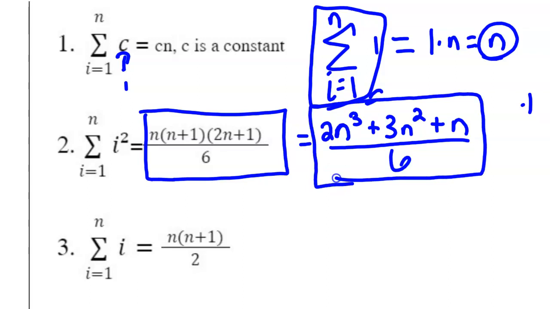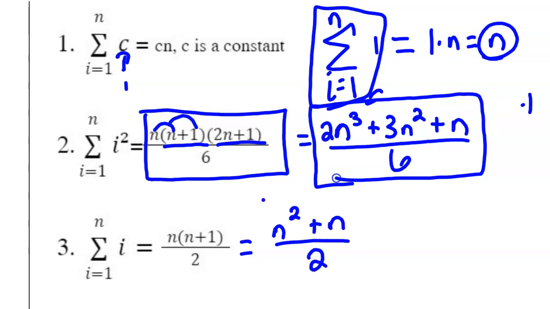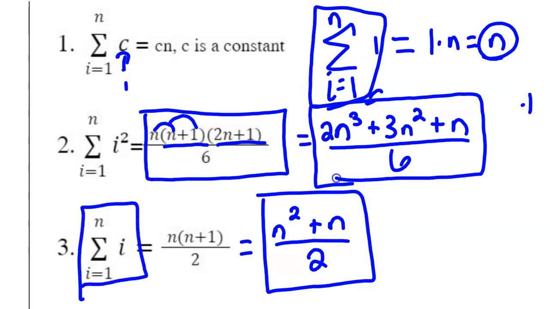I'm just multiplying the n through, and then distributing that polynomial by this polynomial. So just basic distribution. And then the same with this one. This would also be n squared plus n if you distribute it through, divided by 2. So I'm also going to plug this in anywhere there's a summation of i.